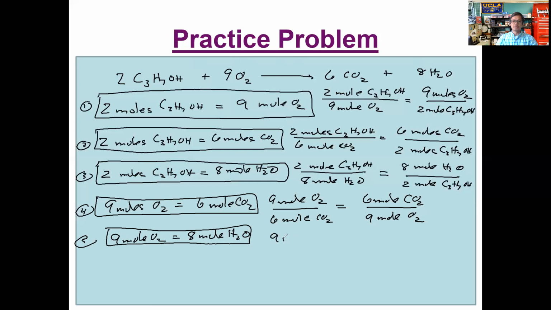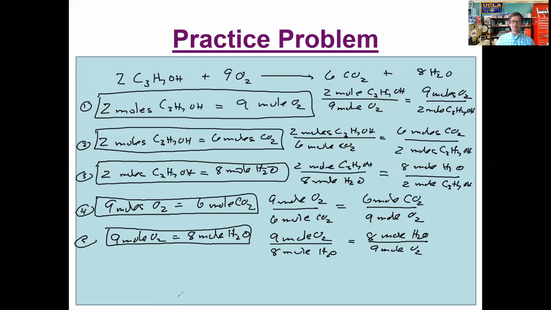We can say 9 moles of oxygen over 8 moles of water. Take the reciprocal of these two, 8 moles of water over 9 moles of oxygen. Again, those two ratios are exactly equal to one another. So we have 5 of the 6.